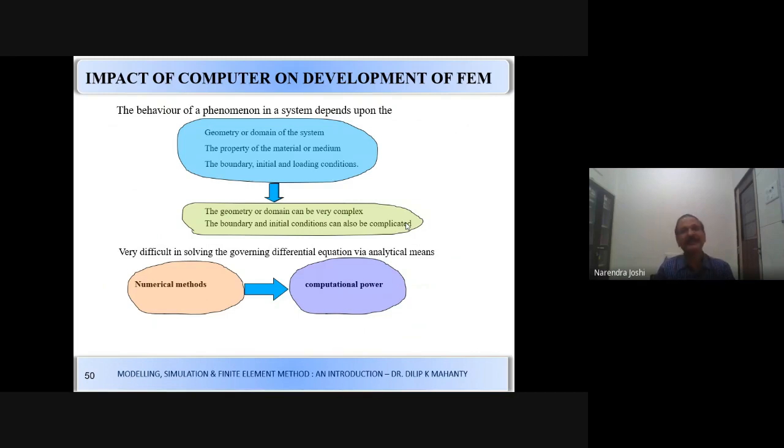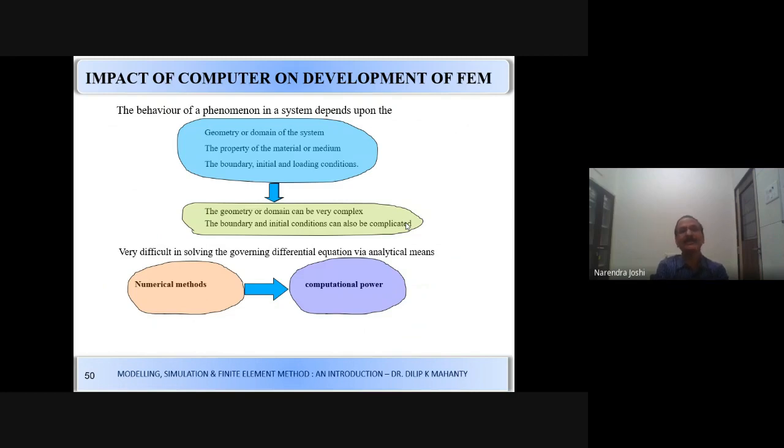I'll give an example of the publications we had in the 1960s, early 60s. Only 5 to 10 journal papers used to come out in a year. Now, after 4 to 5 decades, almost 50 to 60 journal papers are coming out every day in different field applications. This is all possible because of the increase in computational capability.